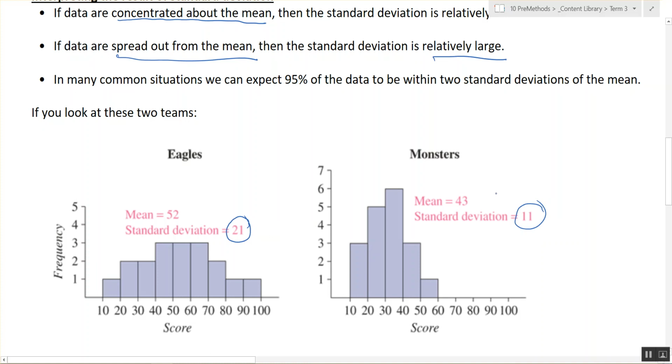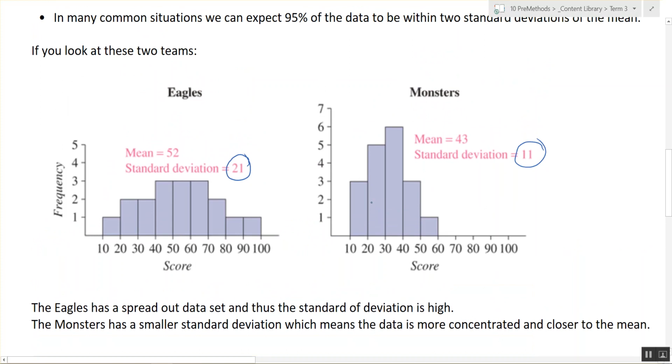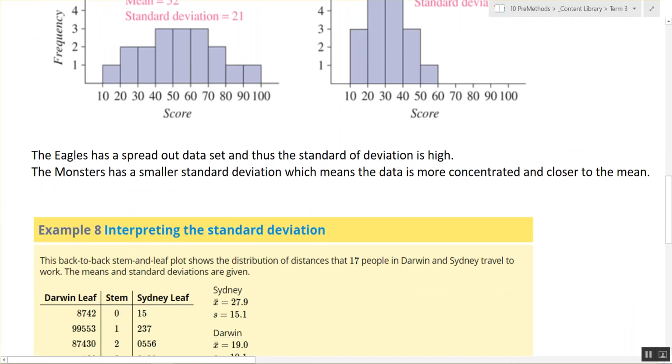Because their standard deviation is larger than the Monsters'. Yeah, pretty much what I said. Oh, I forgot to say, and this is more concentrated around the mean, or closer to the mean. So make sure you say stuff like that. All right?